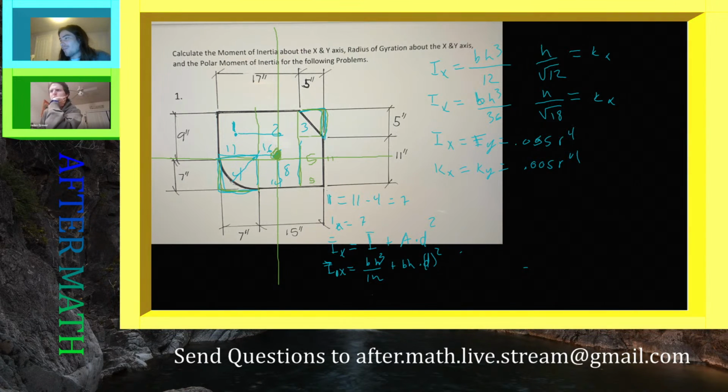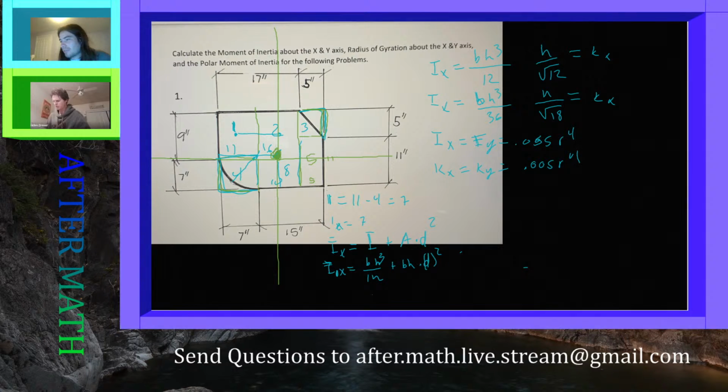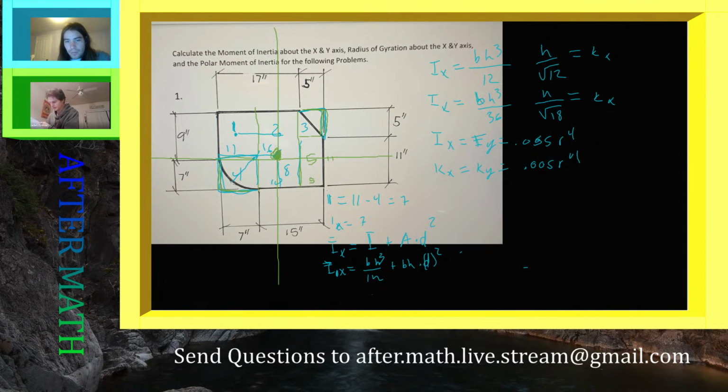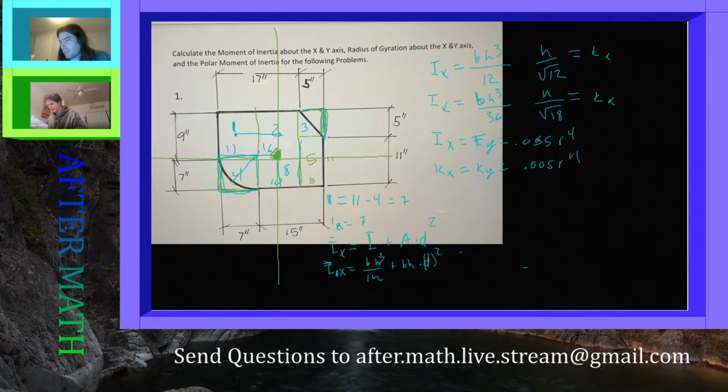And then the polar moment of inertia is just the Ix plus Iy, right? I think that's what it is. Yeah. Yep, my handy dandy calculus book. Whew, coming in handy.